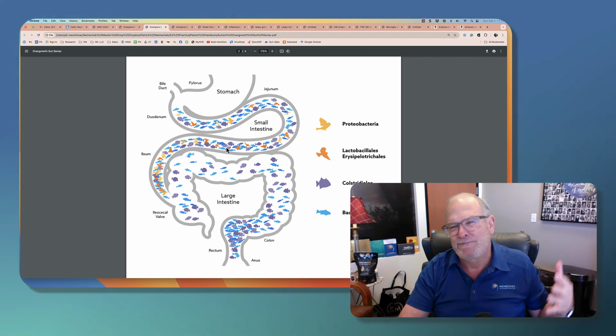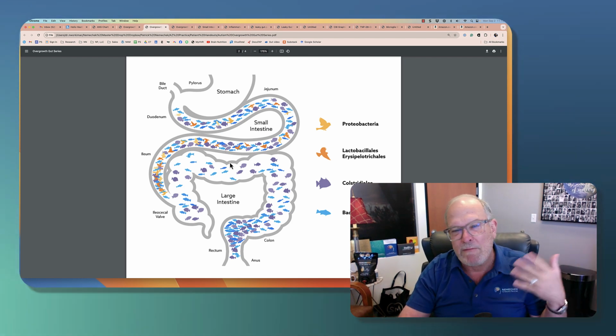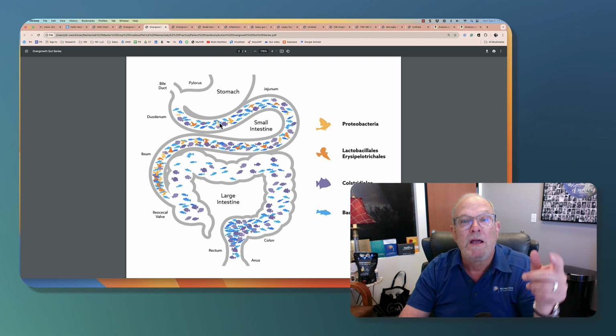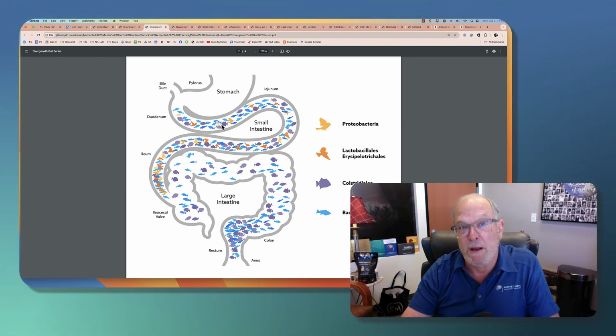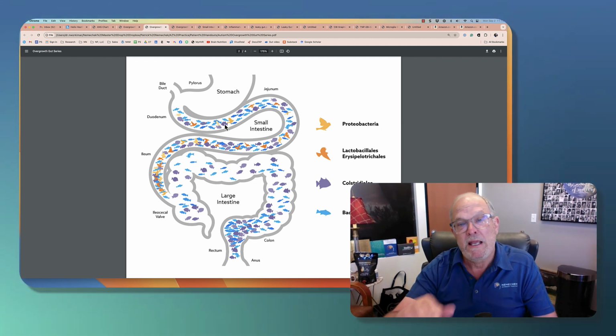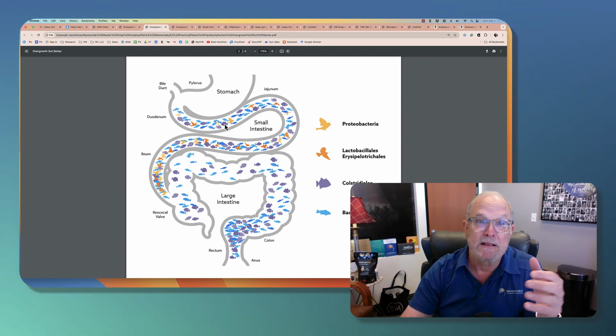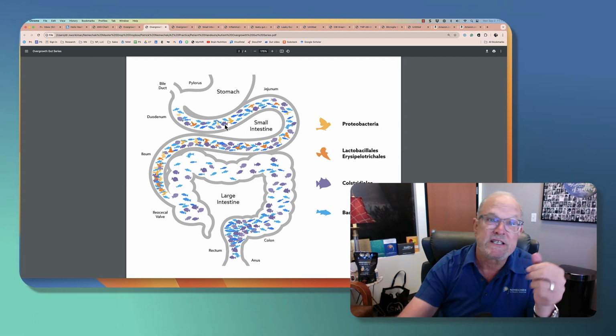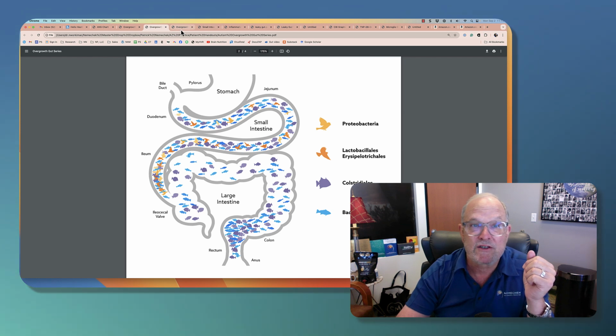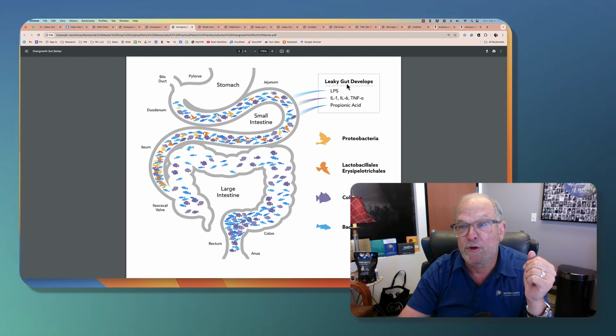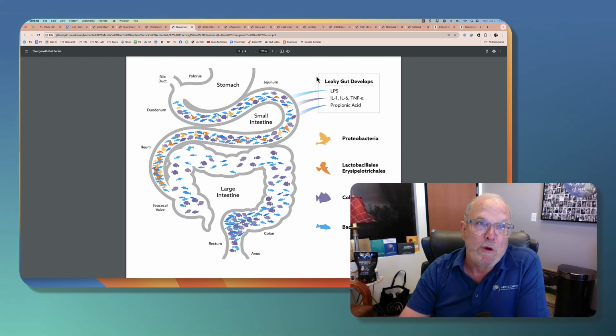Depending how you count things, you have roughly 1,000 species overall, but only one or two growing up there. Now, it's not built for that. It gets overwhelmed, and literally stuff leaks through the seams in a process that is commonly referred to as leaky gut syndrome. We refer to this as intestinal permeability.